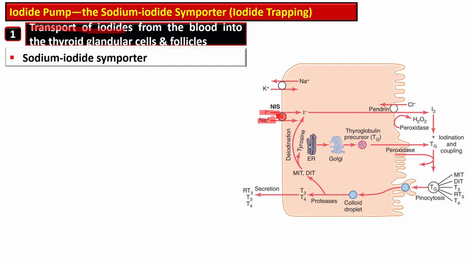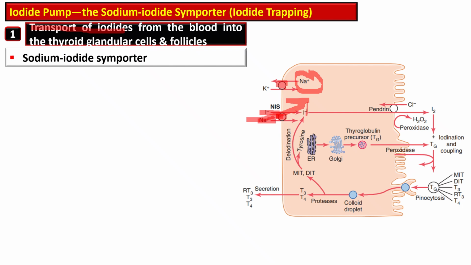The energy for this comes from the sodium-potassium ATPase pump, which maintains the low intracellular sodium concentration that drives sodium re-entry into the cell. This passive sodium influx pulls iodide inside against its concentration gradient.